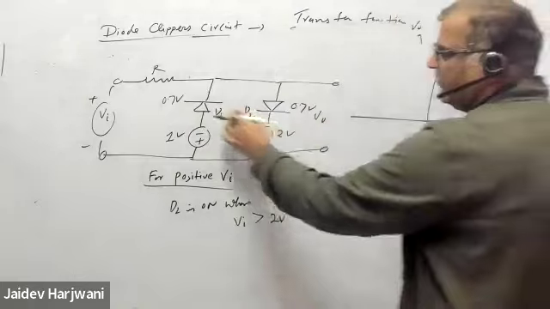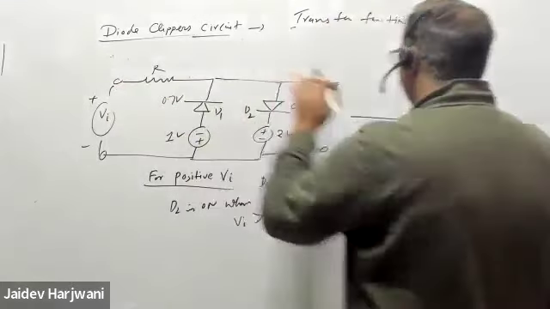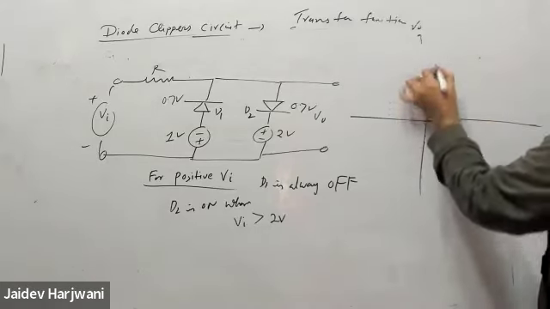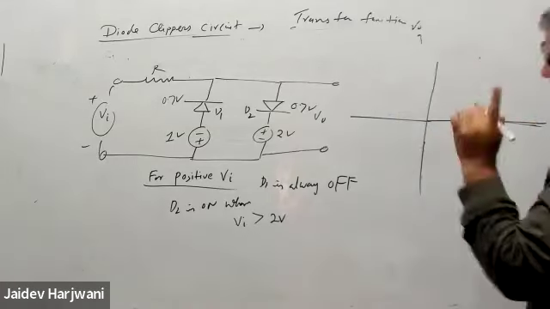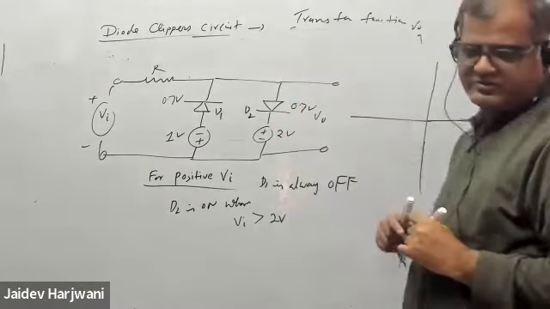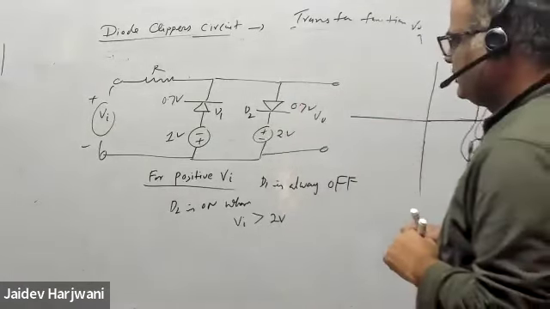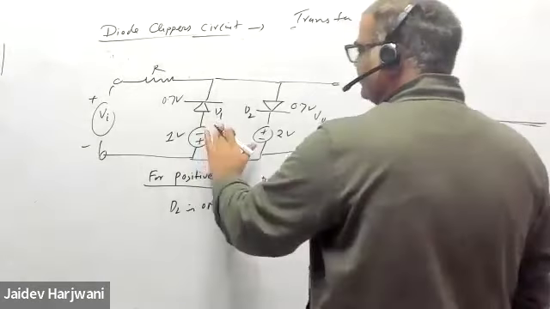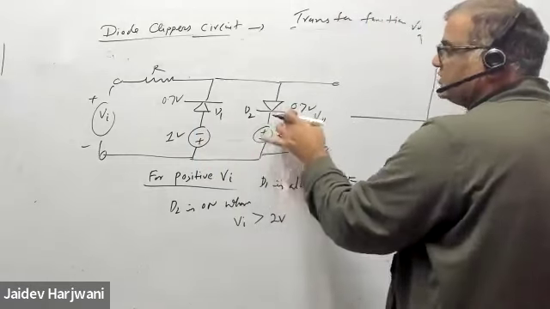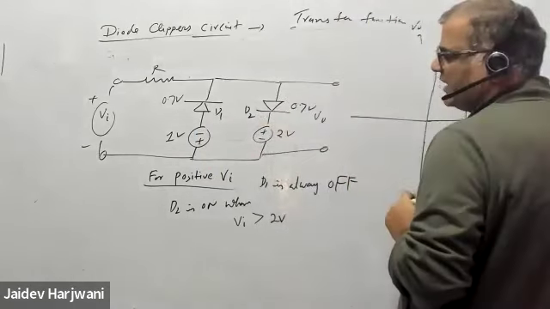When both are off, this voltage automatically comes here. So up to 2.7, sorry, you require this 0.7 also. Very good. So in order to make D2 on, you have to apply 2 volt plus this 0.7 volt also.